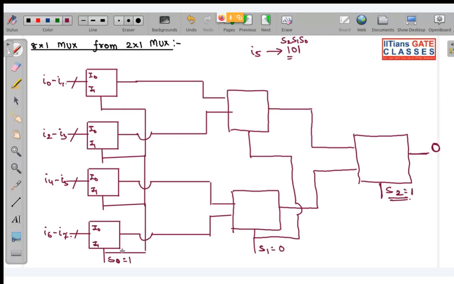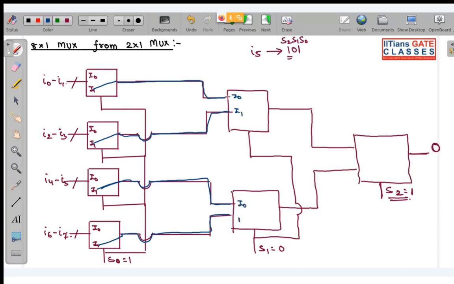If S0 is 1, that means these lines will be connected to the output. So these are going to be transmitted from here. Now look, S1 is 0. So these are I1, I0, I1.